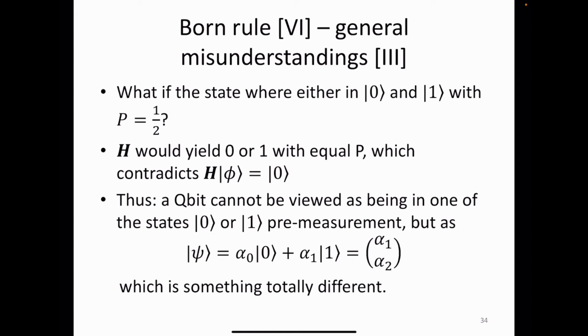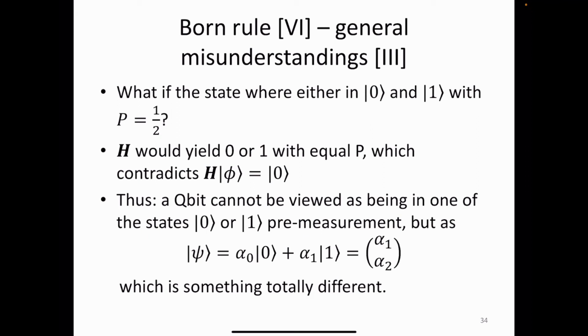So what if the state psi were indeed either in the state 0 with probability 1/2 or 1 with probability 1/2? In either case, the subsequent action of H would produce a state, either 1 over the square root of 2, 0 plus 1, or 1 over the square root of 2, 0 minus 1, as we have learned previously. And that other measurement would yield 0 or 1 with equal probability.